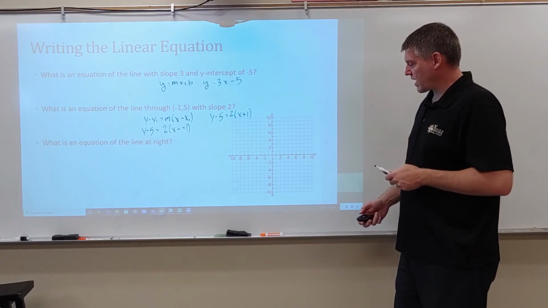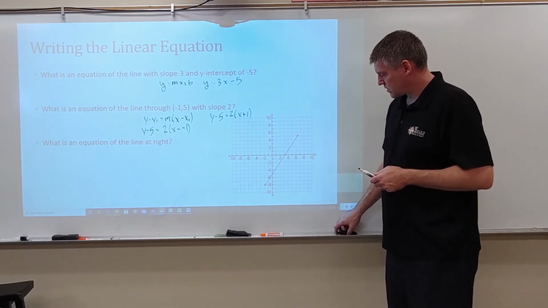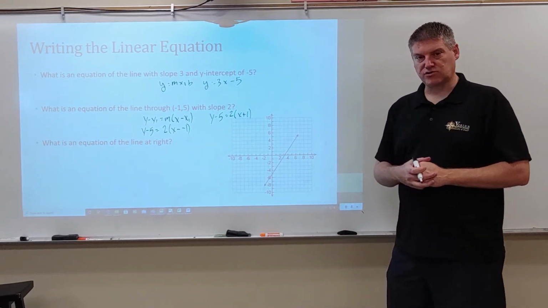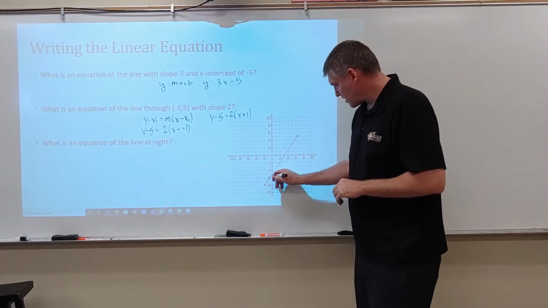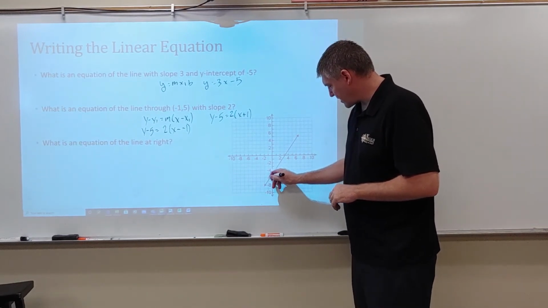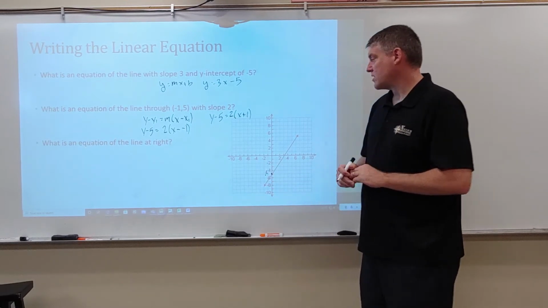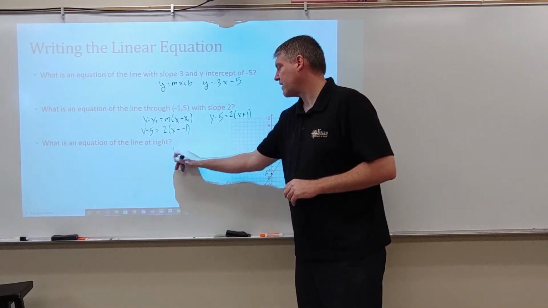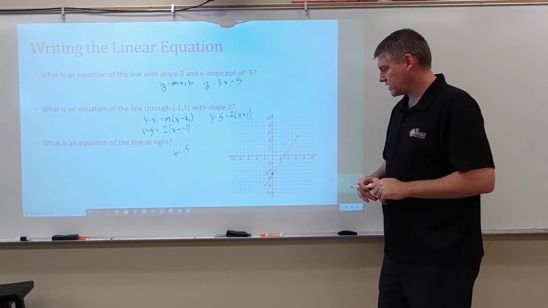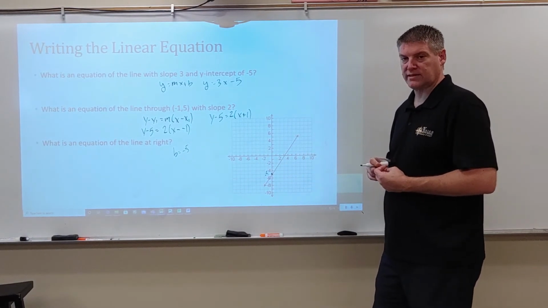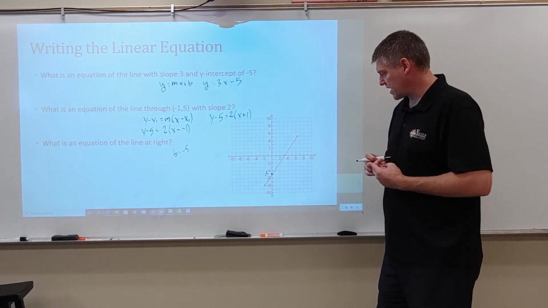Okay, so now we're going to have a graph here. When I'm looking at this graph, I notice it does cross the y-intercept. It crosses it right here at negative 5. Okay, so I know my b is going to be negative 5. Now I'm going to look to see if there's another point that it crosses on a grid.